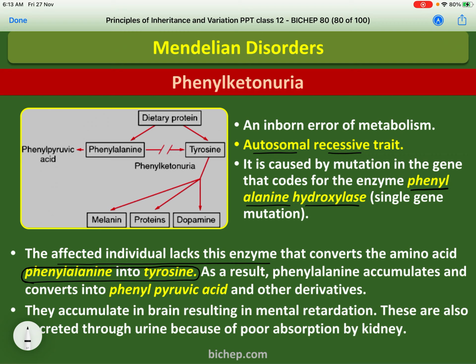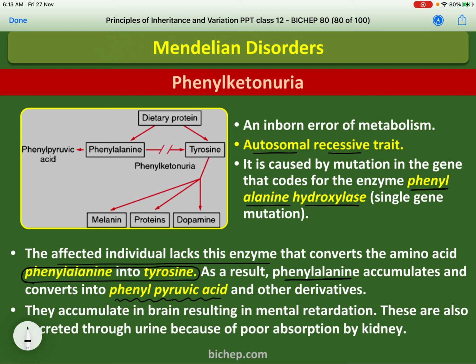In that condition, what is the result? Phenylalanine is getting accumulated and converted into phenylpyruvic acid and its derivatives.